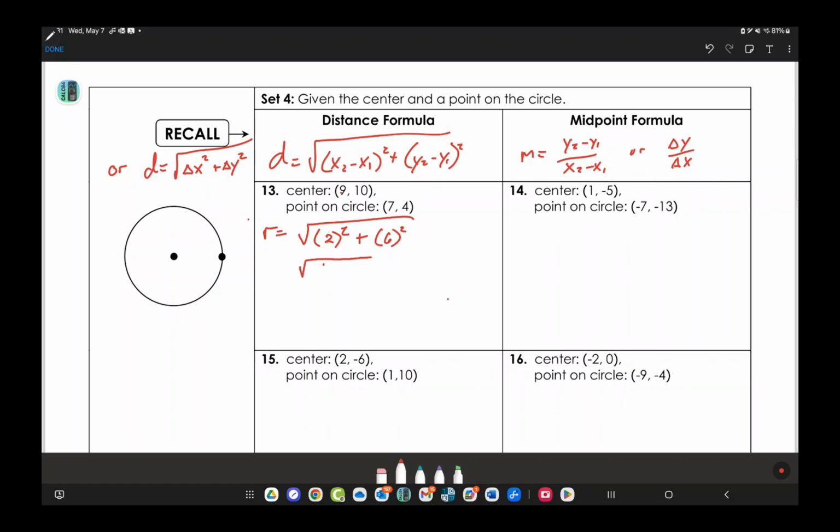And give me 4 plus 36, which is the square root of 40. And since I want r squared, I'm just going to drop the square root, 40. So my equation is x minus 9 squared plus y minus 10 squared is equal to 40. So go ahead and try 14.